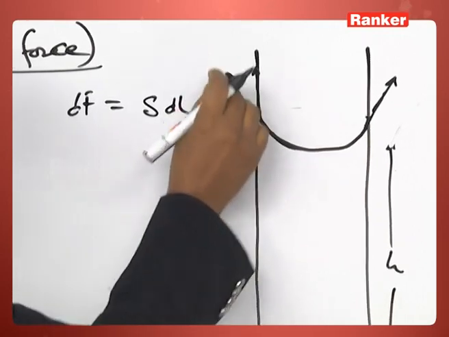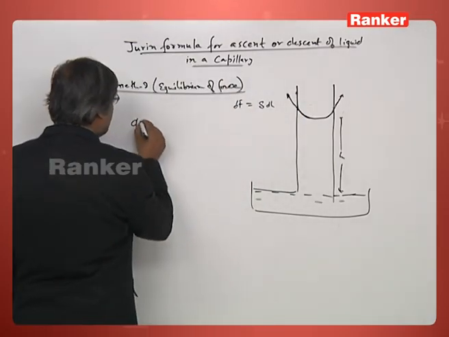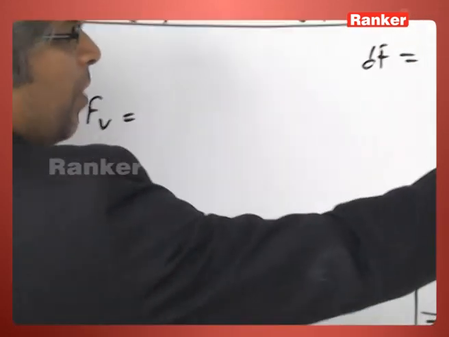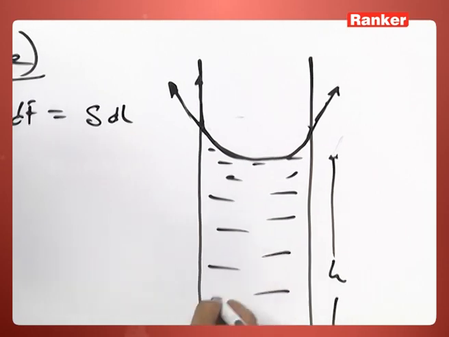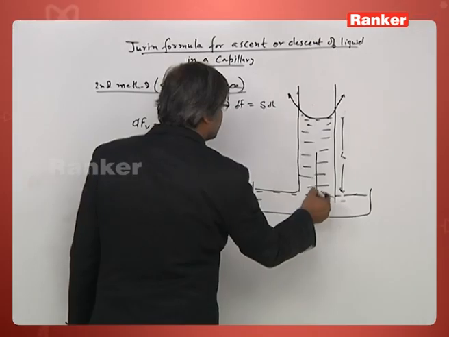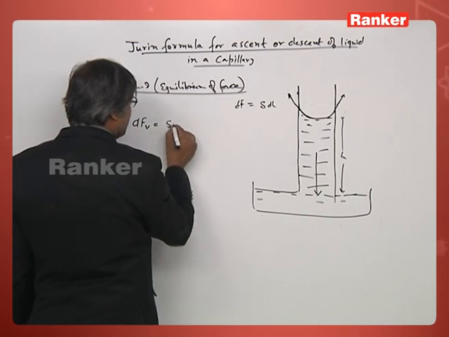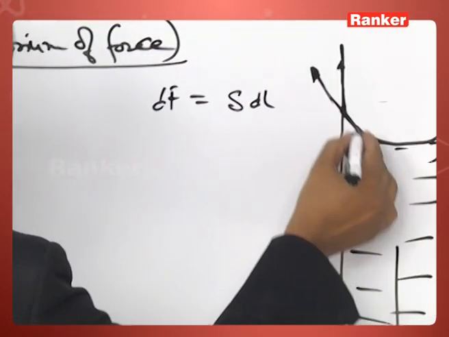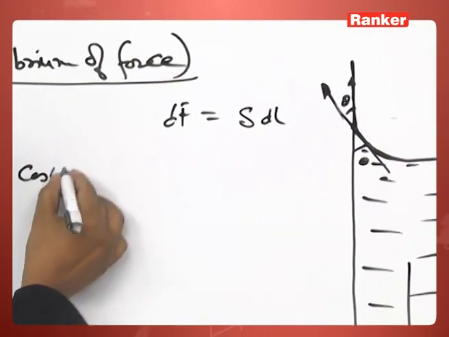So you will have dF force as S into dl, but I want my force to be vertical. What is the net vertical force, so that I can equate it with the weight of the liquid it has to raise? This becomes S dl cos theta, since this angle is theta.